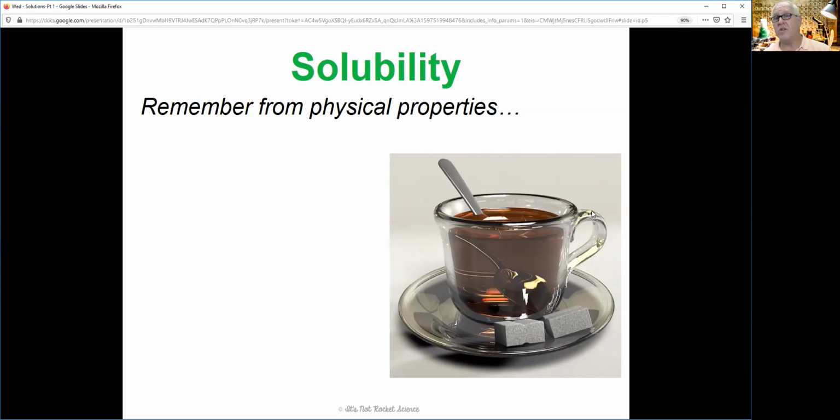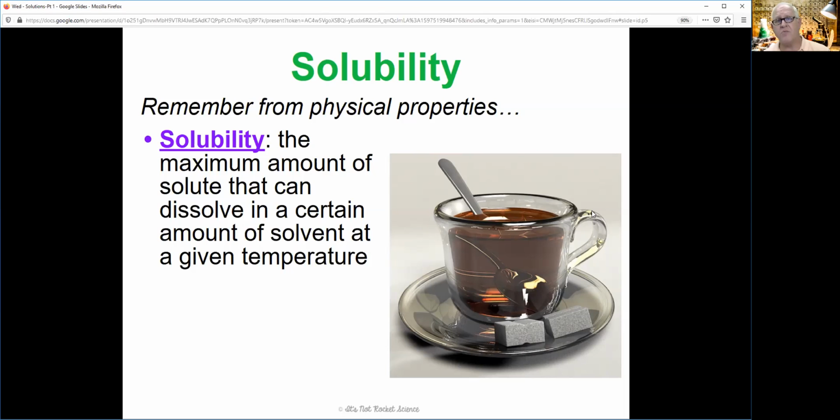Now, solubility. Let's go back and remember from some physical properties. Solubility is the maximum amount of solute that can dissolve in a certain amount of solvent at a given temperature. For example, if you took sugar and put 4 tablespoons of sugar into an 8-ounce glass of water, you'll see that only a certain amount of it will dissolve and the rest will sit on the bottom, because in that cold water, it can't dissolve any further.